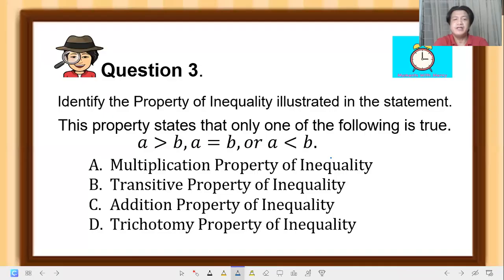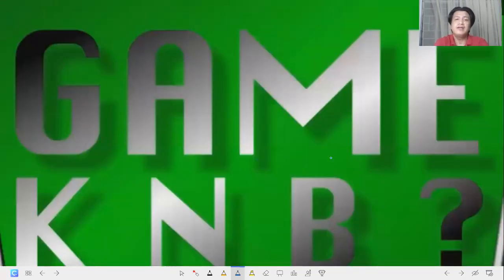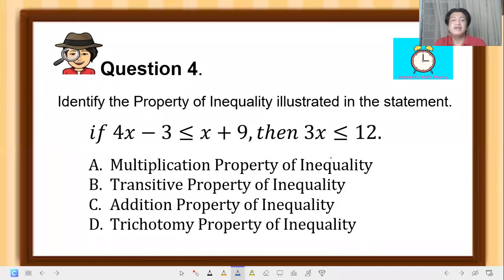Okay, next number 3. Identify the property of this statement. Timer starts. Okay, the answer is letter D, trichotomy property. Di ba? One of the following is true. Okay, for the next question, identify the property of the statement.